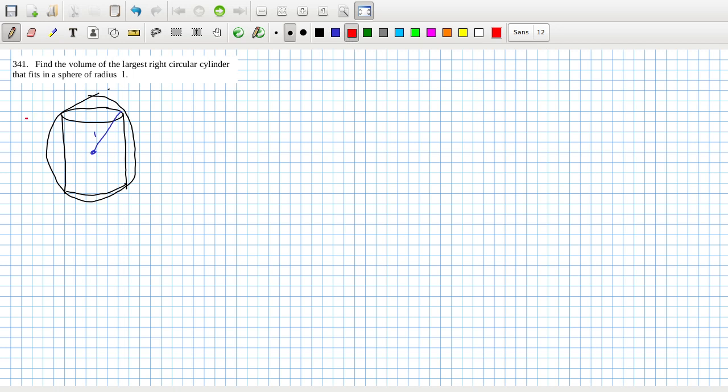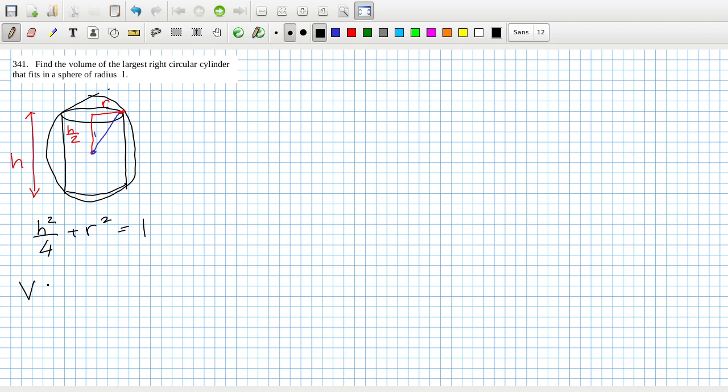This has a height h, and a radius of r, and that there is half the height, h over 2. So we know that h squared over 4 plus r squared has to equal 1.